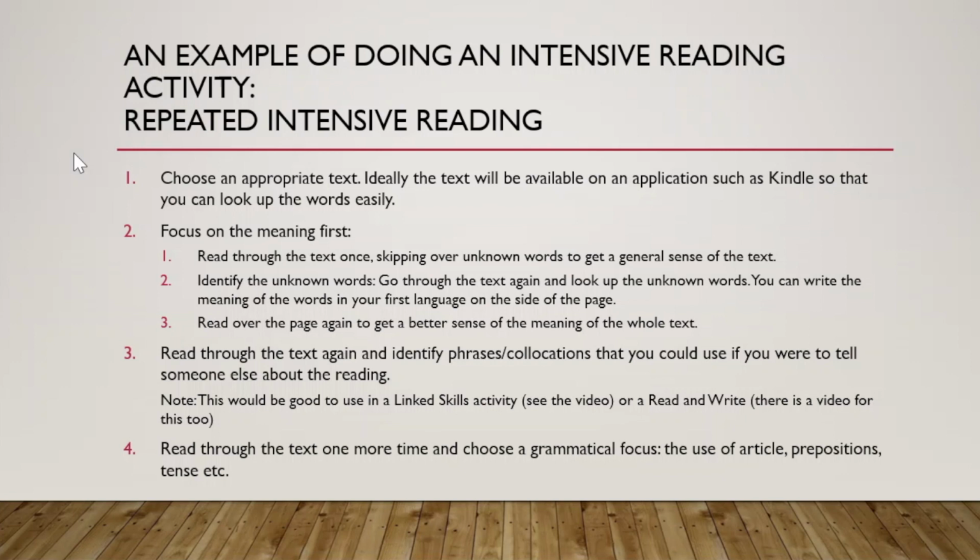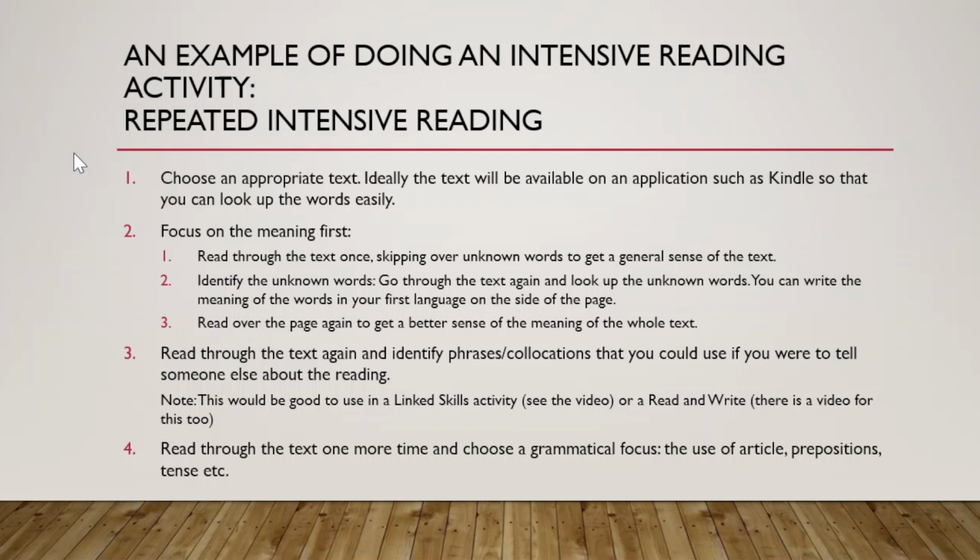We want to get some meaning from the text. My recommended way is to read through the text once, and if there are unknown words, you just skip over those words. Read through the whole text to get a general overview.